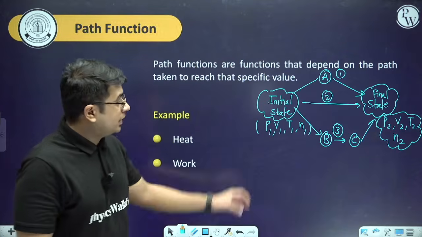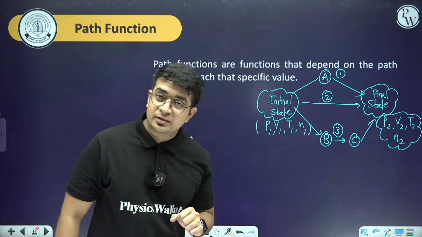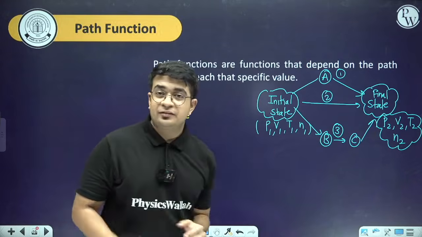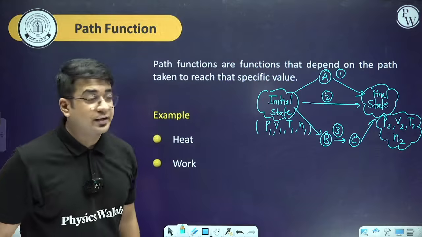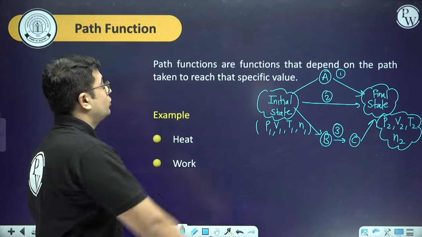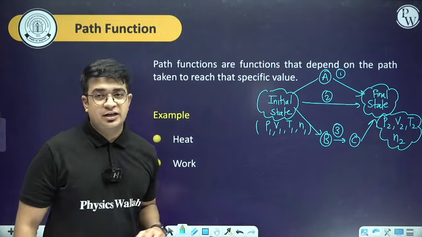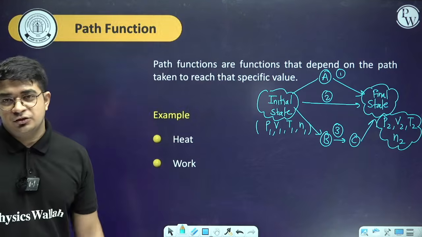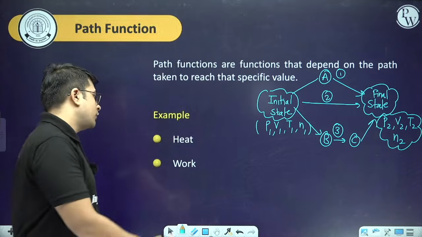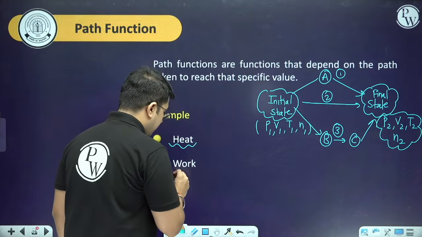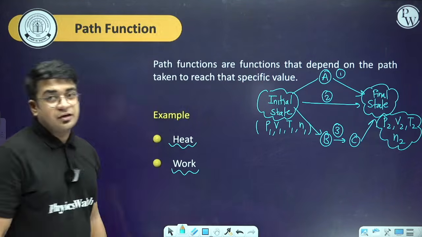Every time I am calculating for one pathway, the value is different. For the second pathway, the value is again different. For the third pathway, the value is again different. It means it depends upon the path taken to reach that specific value. That function is known as your path function. And generally, in thermodynamics, these path functions are basically heat as well as work done.